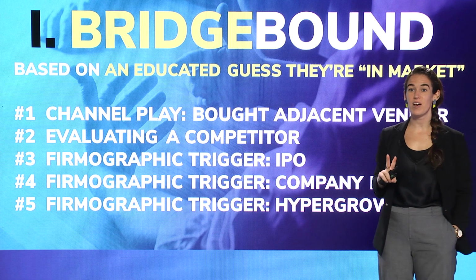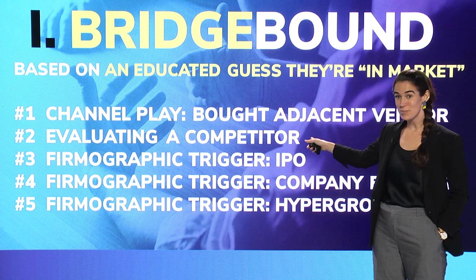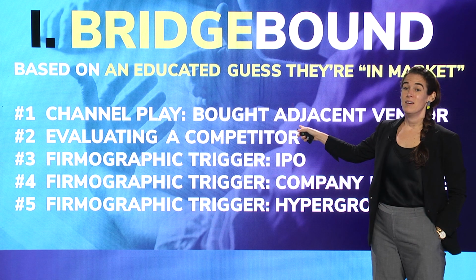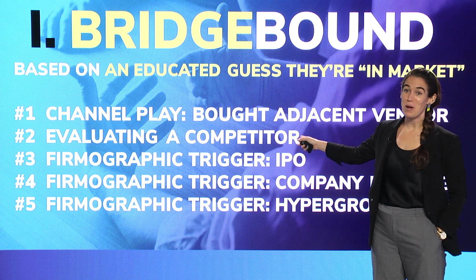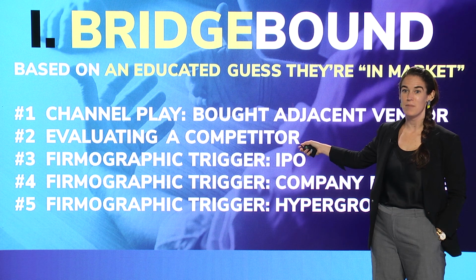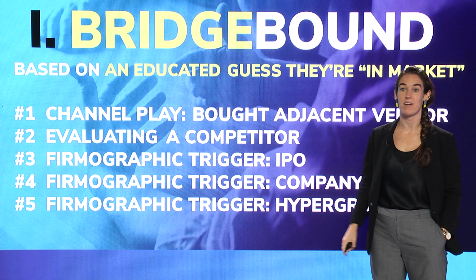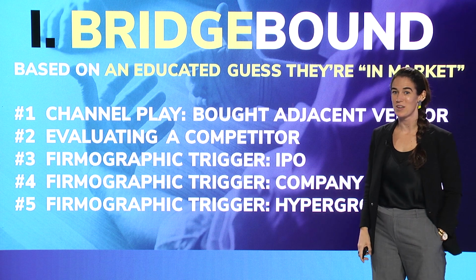Number 2, they're evaluating a competitor. This is the only play that is impossible to automate. Very, very worth it. Very, very great play, but it's extremely hard to understand. So, I mean, you can't know if someone's really evaluating other than you just hear it through the grapevine. That's the only scenario that I know.